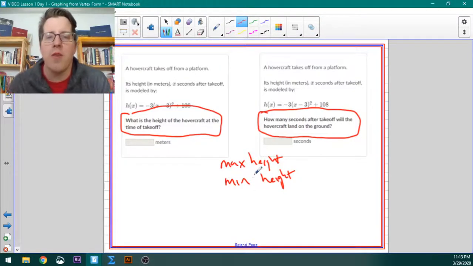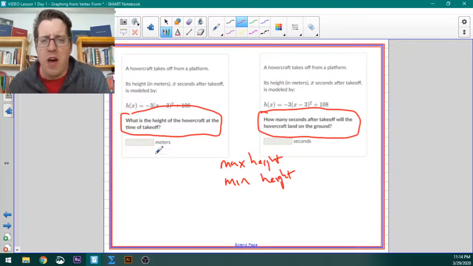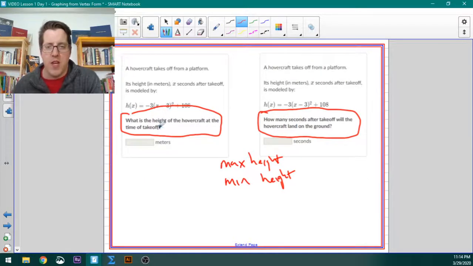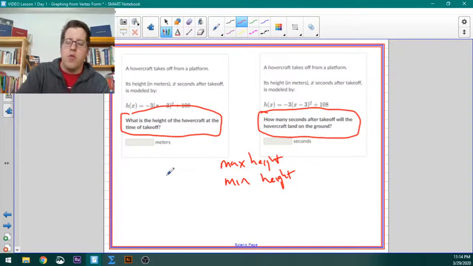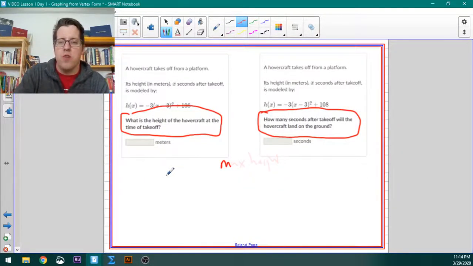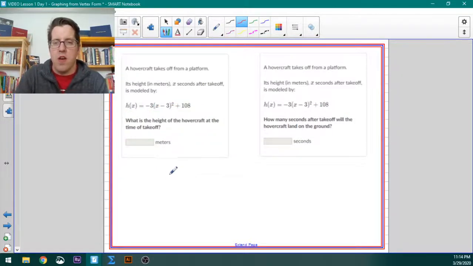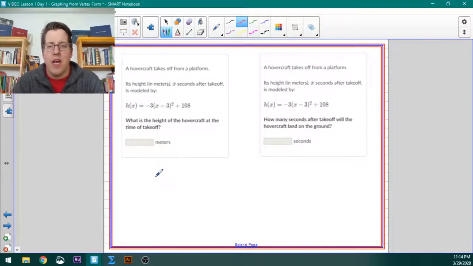So I want to talk about first how you would find the height of something after takeoff. So I want to make sure that we understand what's going on here. They say a hovercraft takes off from a platform, and its height is modeled by this equation.